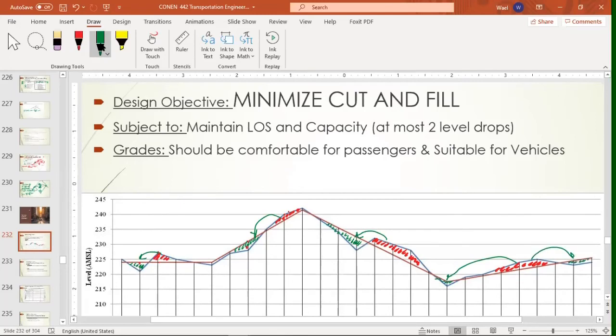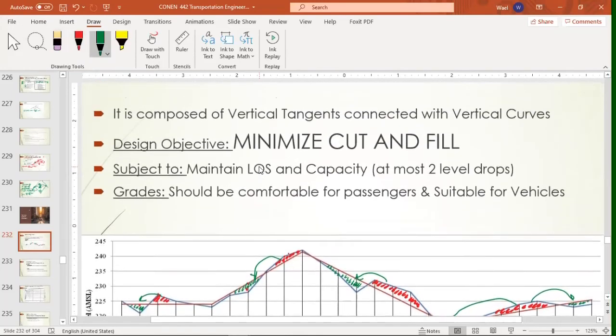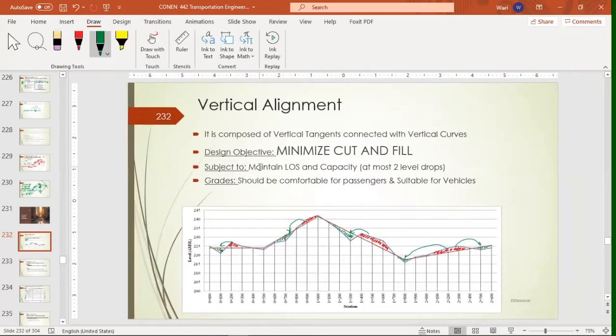The design objective for vertical alignment is basically to minimize cut and fill. But we have constraints. First of all, we maintain level of service and capacity. At most we can allow for 2 level drops in level of service. And the grades should be comfortable for passengers and suitable for design vehicles, especially trucks.